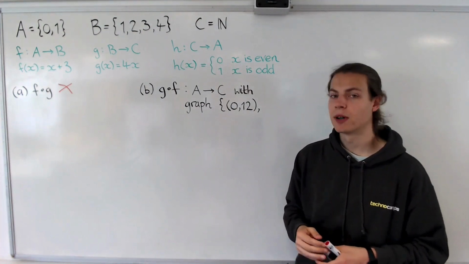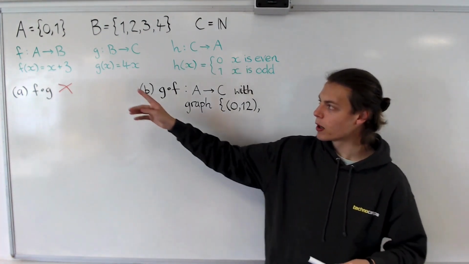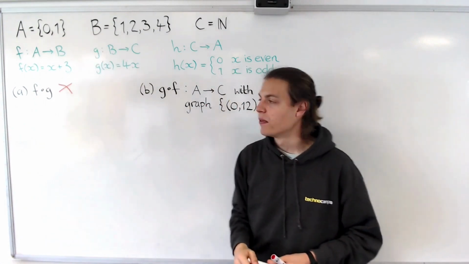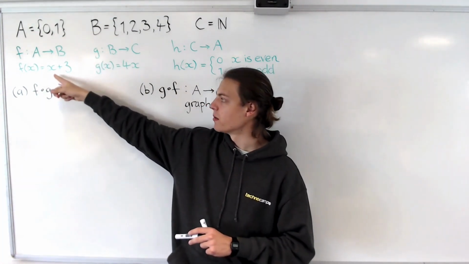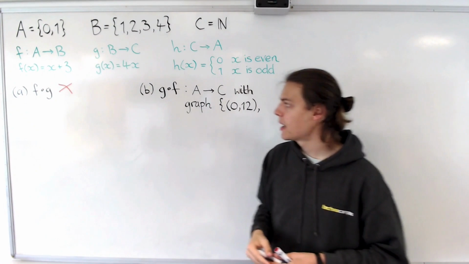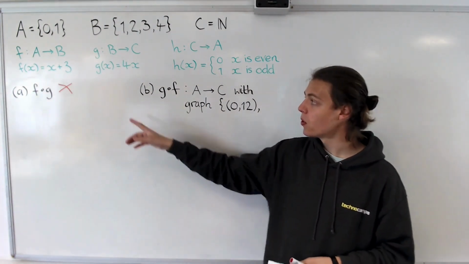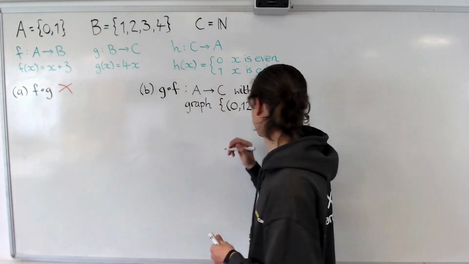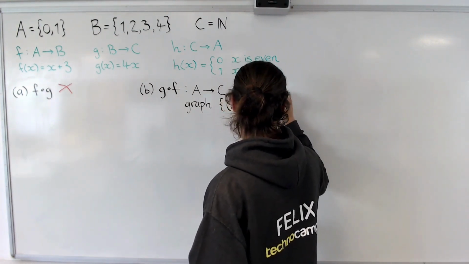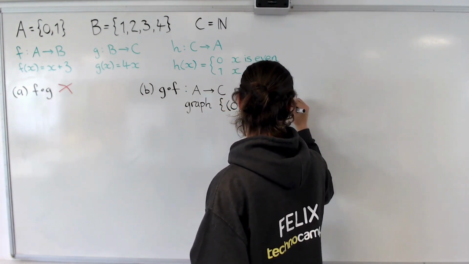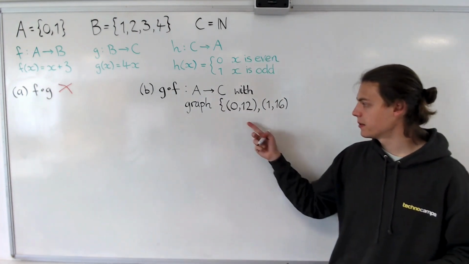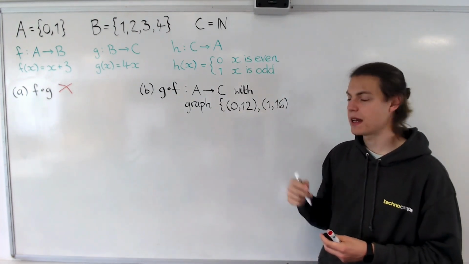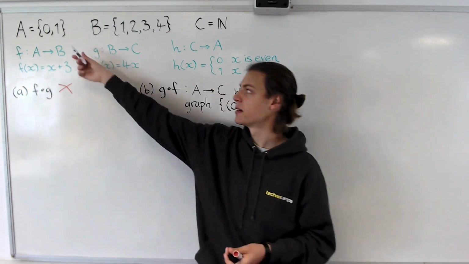And secondly, what does this composition map 1 to? Well, first F maps 1 to 4, and then G maps 4 to 4 times 4, 16. And that is every entry in the domain.